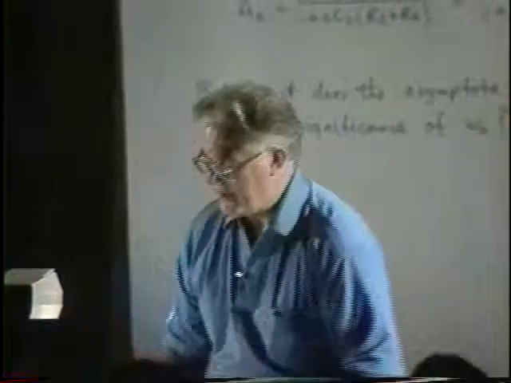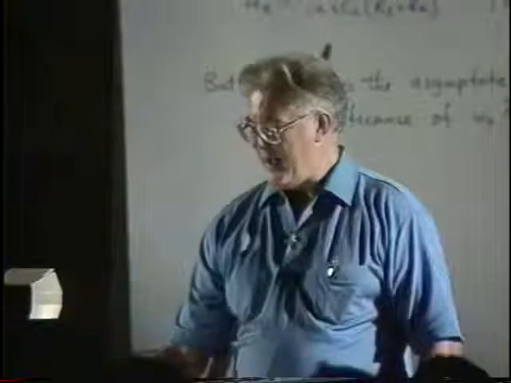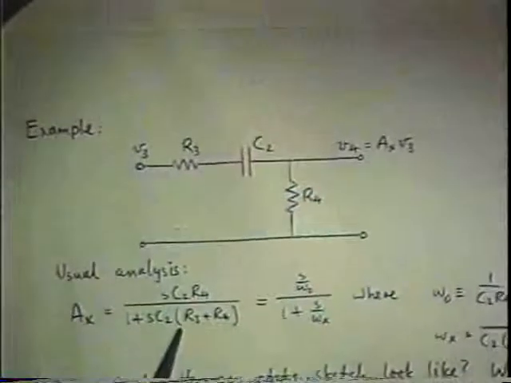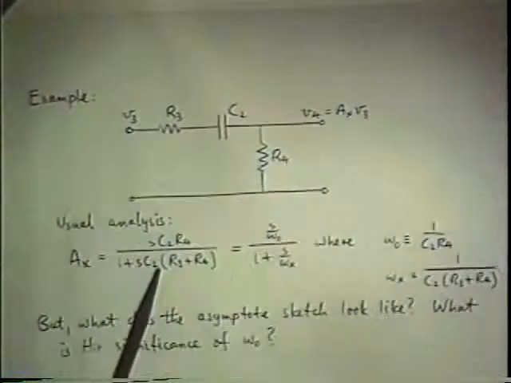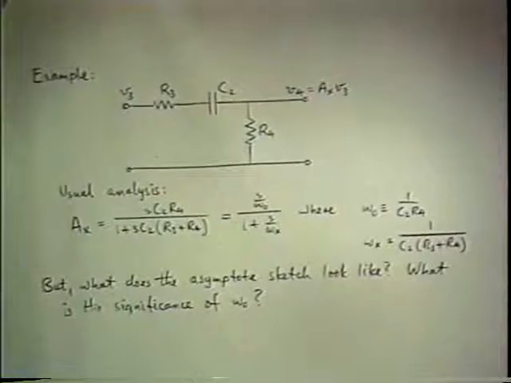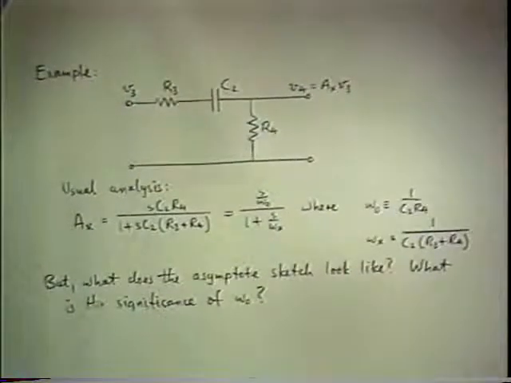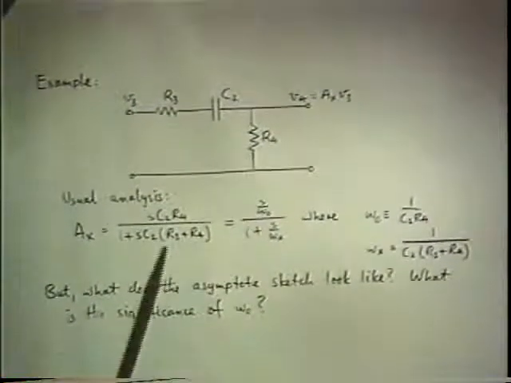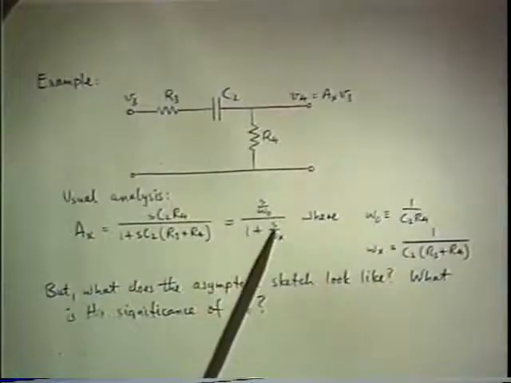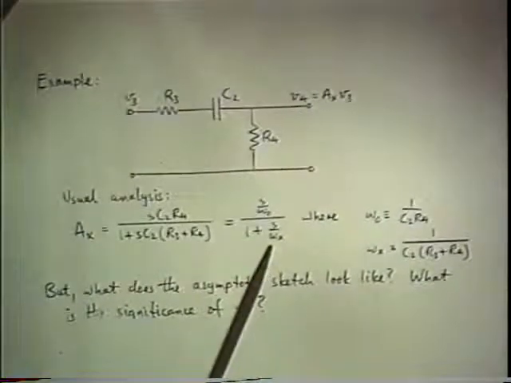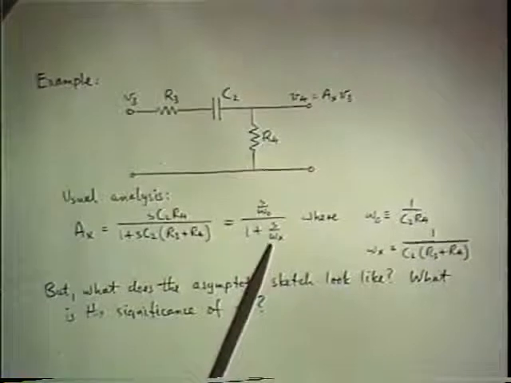Here's another example, and standard analysis this time would give you this version. If you follow through the same steps as I did before, which is to identify the salient features, then obviously the coefficient of the S in the denominator defines a corner frequency, which is a normal pole.